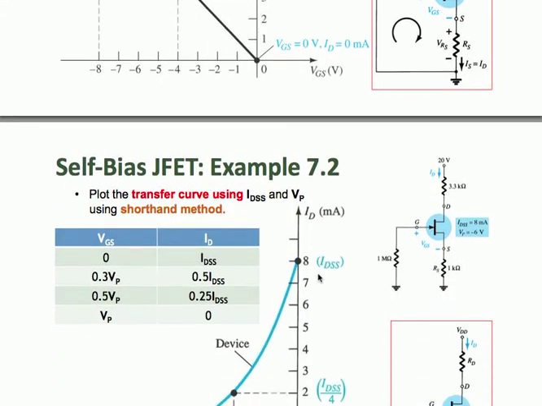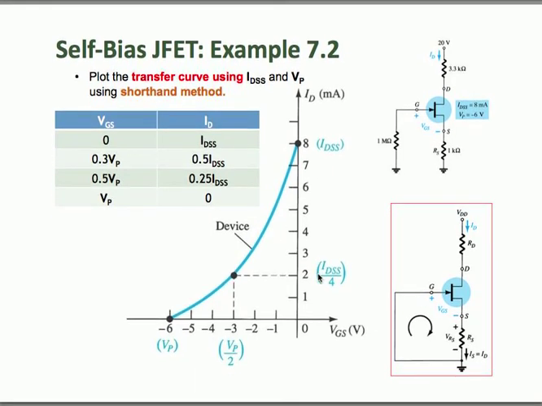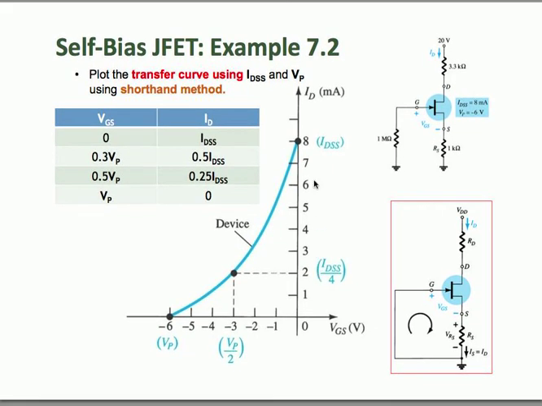Then you proceed to the next step, which is to plot the transfer curve of the JFET. You can do this using the shorthand method, using the values of IDSS and VP that are already given in the question.